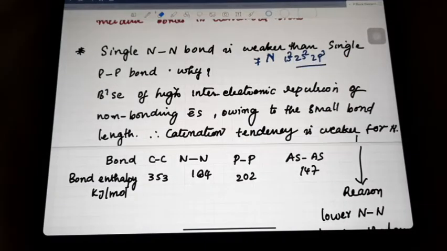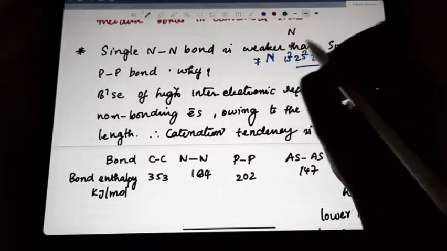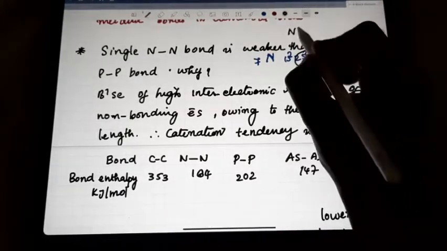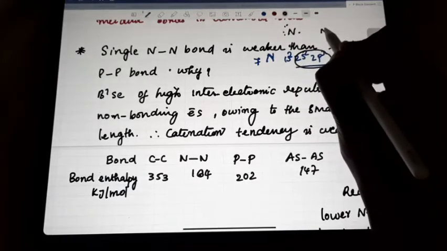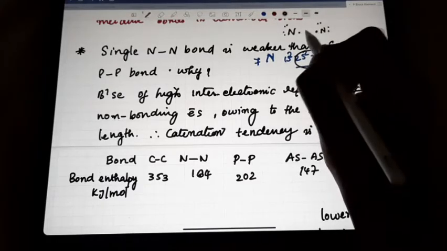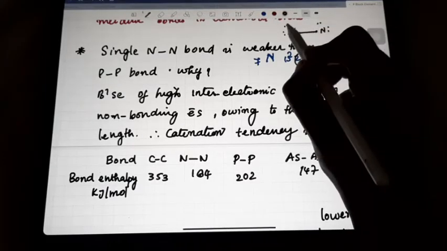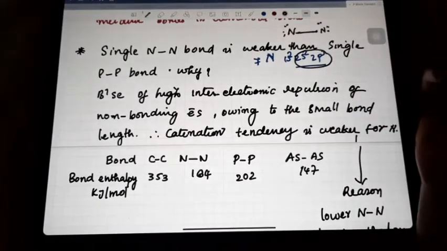Why? There is one reason. In the case of nitrogen, there are lone pairs of electrons. When you consider one nitrogen, 2, 4, so total 5, and another nitrogen 2, 4, between these we are considering only a single bond. How many non-bonding electrons are here? You can assign them.